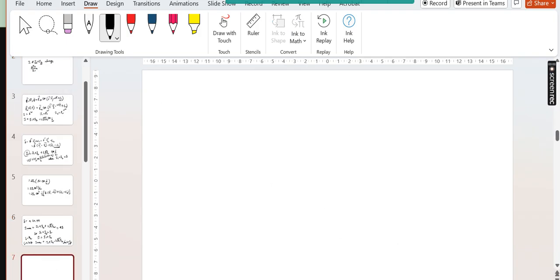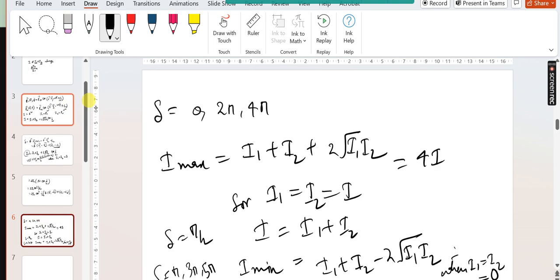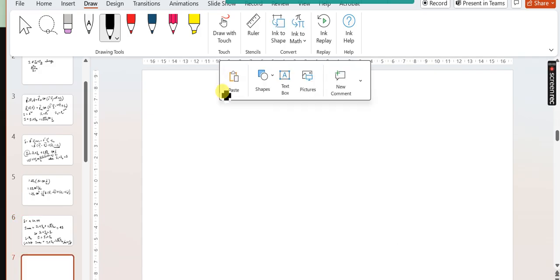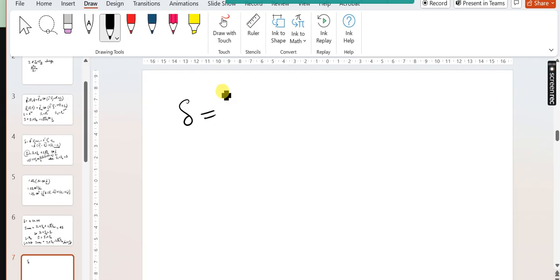So we can write an equation for delta, and we get a planar or hyperboloidal structure of maximum irradiance for two sources, which has been discussed in the class. I want to write the equation. When delta is equal to 2m pi, where m is equal to 0, plus minus 1, plus minus 2, we get maxima.